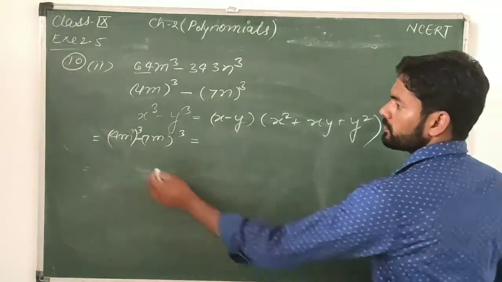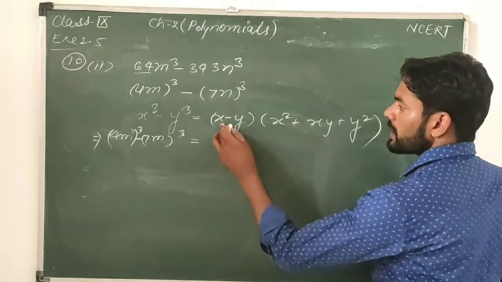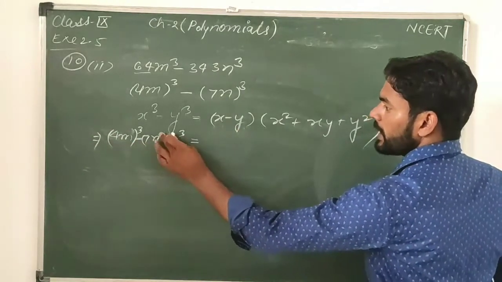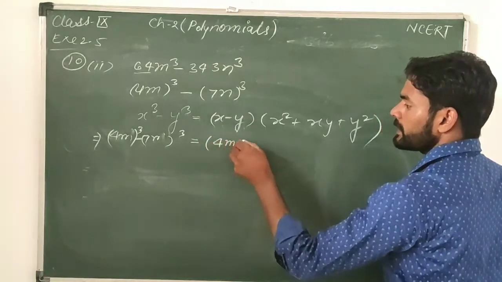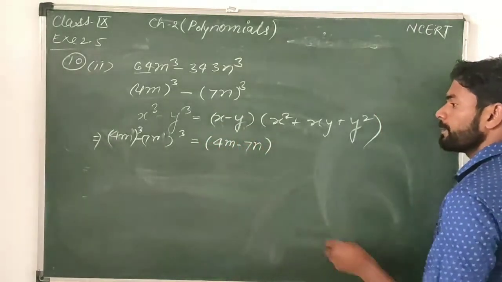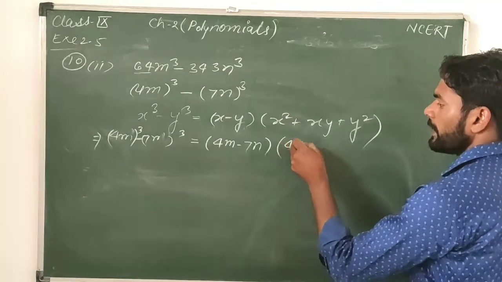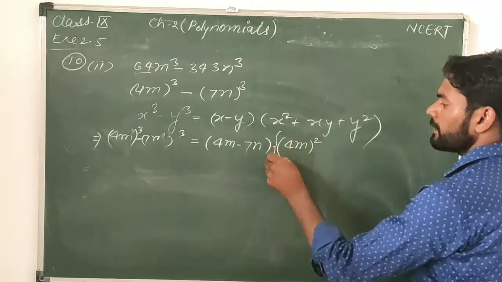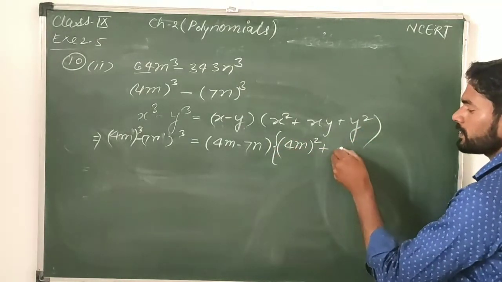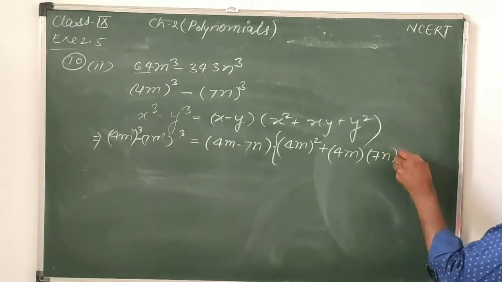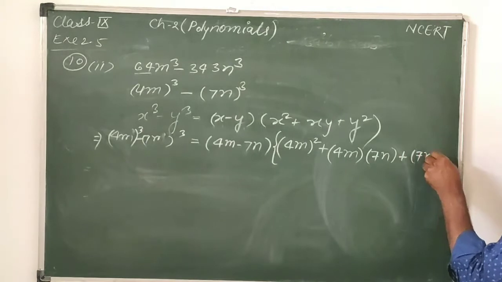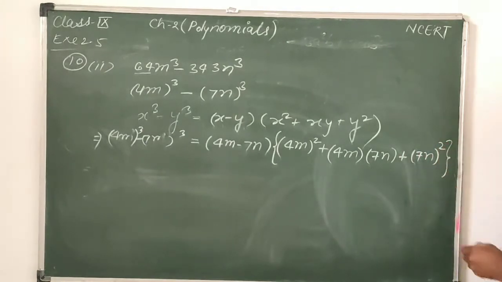is equal to x minus y, that is 4m minus 7n, into 4m square plus 4m into 7n plus 7n square.